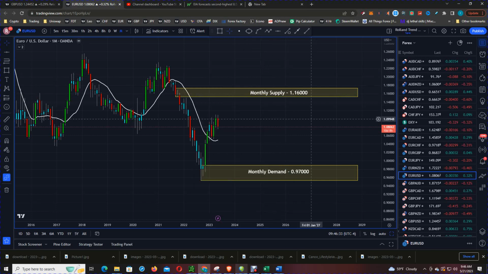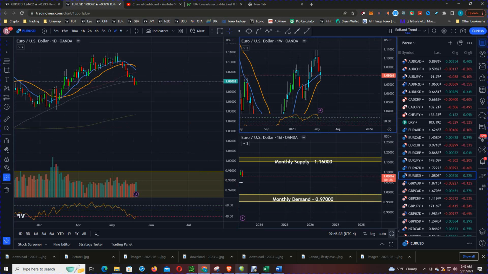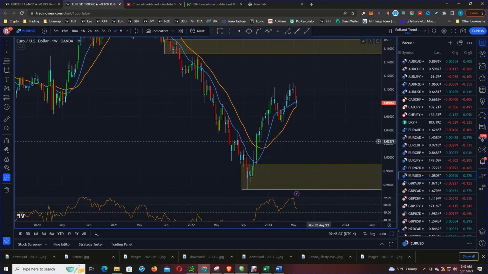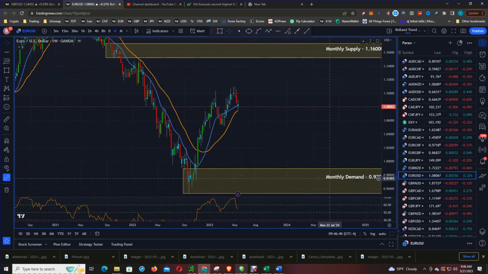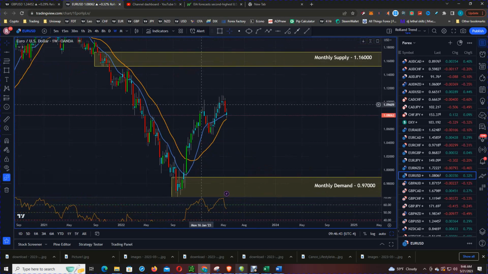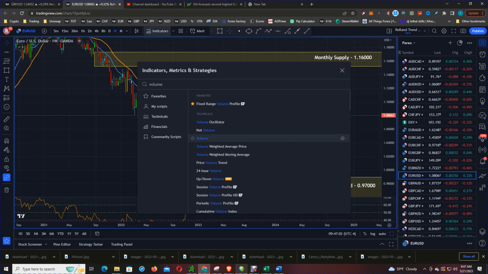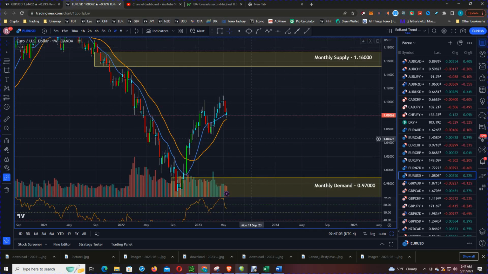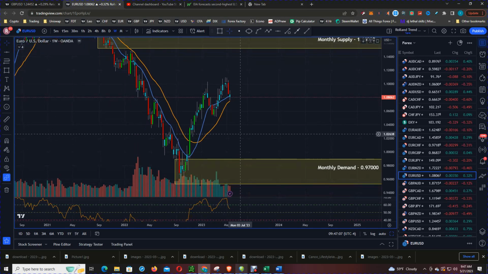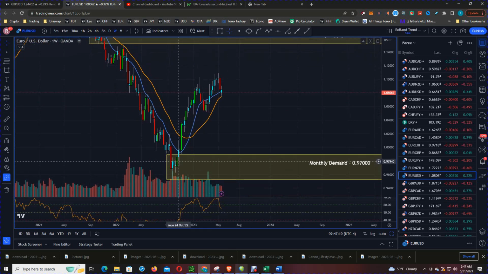All right, let's go down to the weekly chart. We can see most recently we had some selling pressure at the 1.10 area. I'm going to put some volume on this chart as well. Clearly we are in an uptrend.